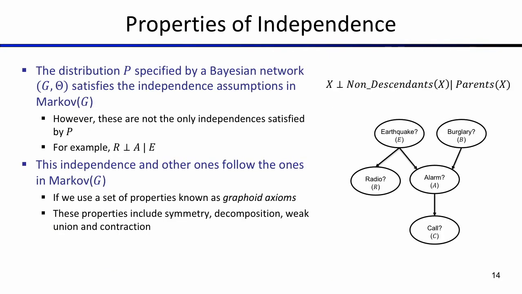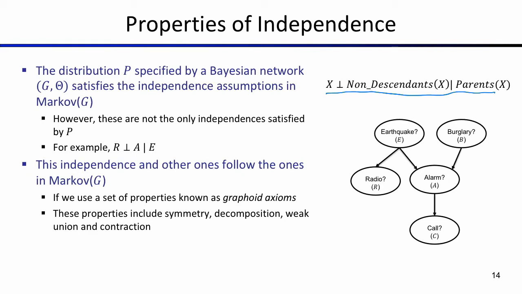And we know that the graph structure will dictate a series of independence assumptions that are known as the Markovian assumptions. So the Markovian assumptions have this form here, and they say that a node, a variable x, is independent of all its non-descendants given its parents.